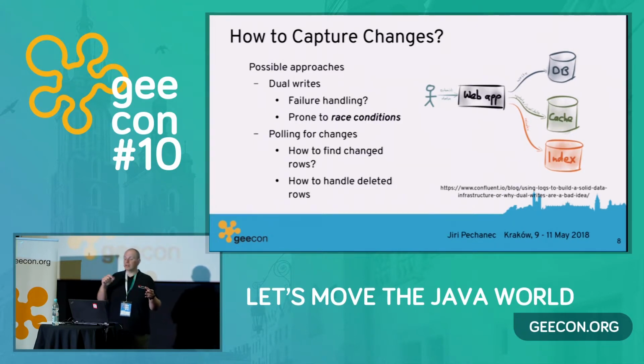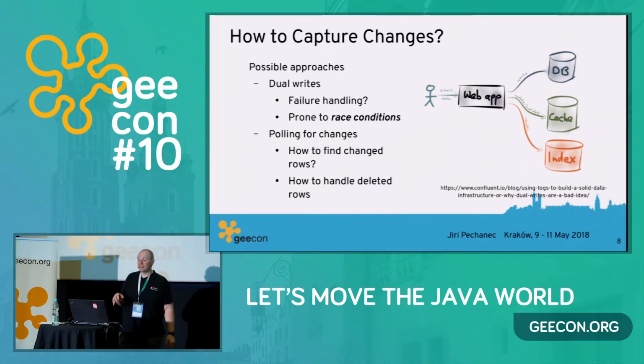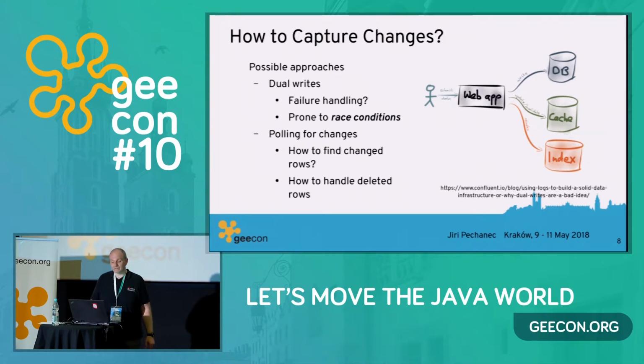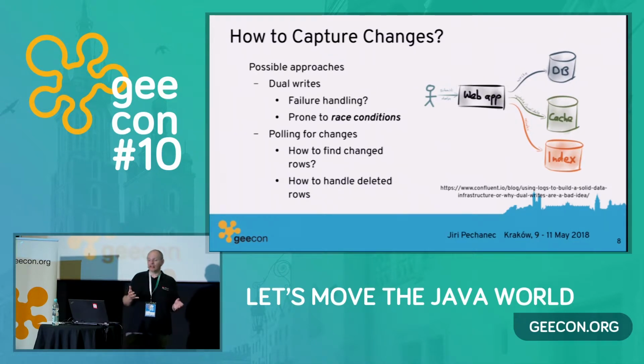So the reader can see the index updated, but it's possible that the database change is not visible to it yet. So this approach might work, but it definitely brings a lot of disadvantages that need to be handled on the developer side.